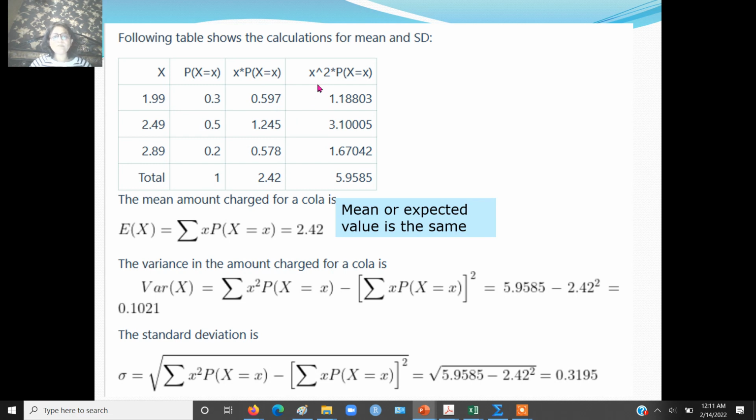For variance, you need expected value of x square as well. So you're going to square the x column, multiply by the probability, add it. So once you have expected value of x square, you subtract from it the square of the mean and you get the value of variance. Once you take the square root of the variance, it is the standard deviation. So that was just another simple example.